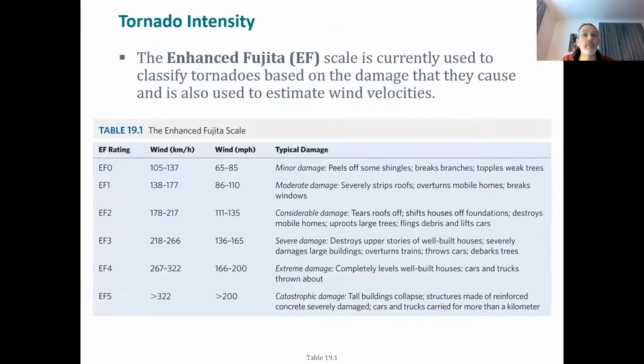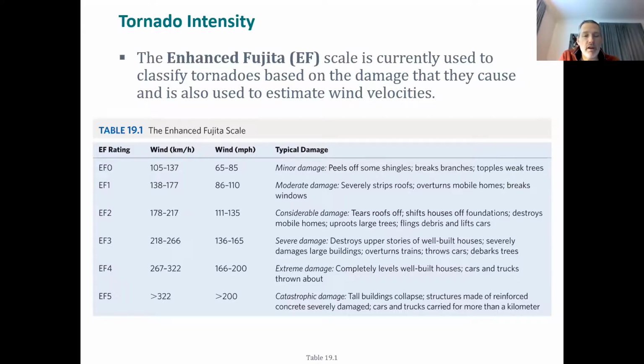Now, tornadoes are named... Dr. Fujita originally looked at the damage associated with a tornado, and then he deduced exactly how fast the winds were moving, looking at objects that were shoved through different materials.